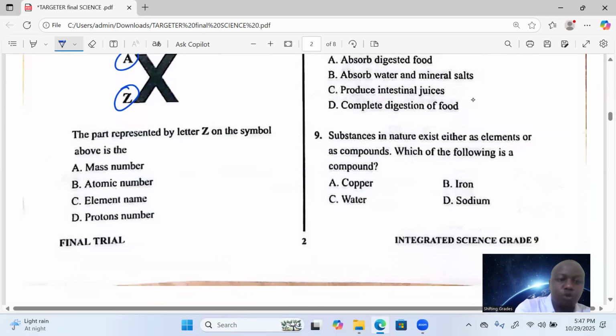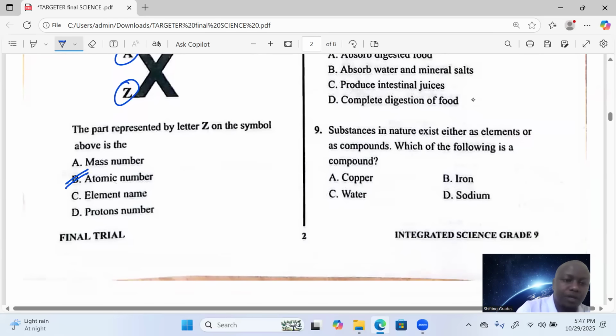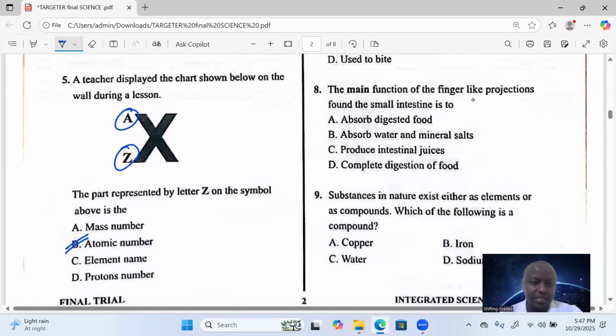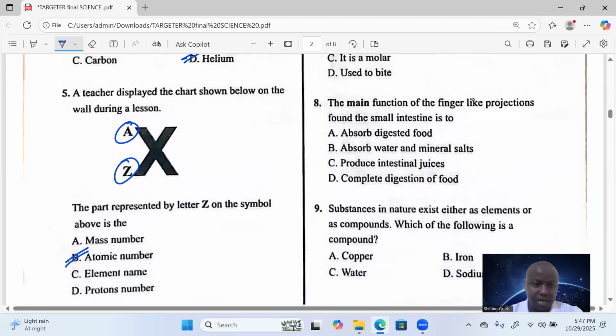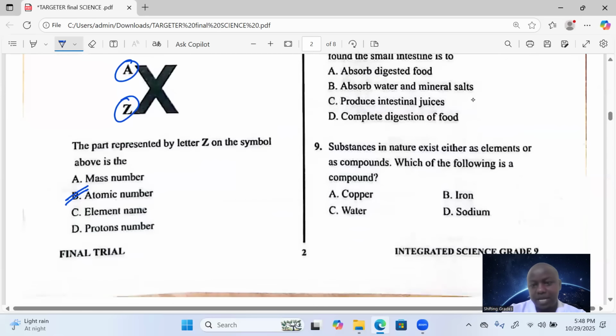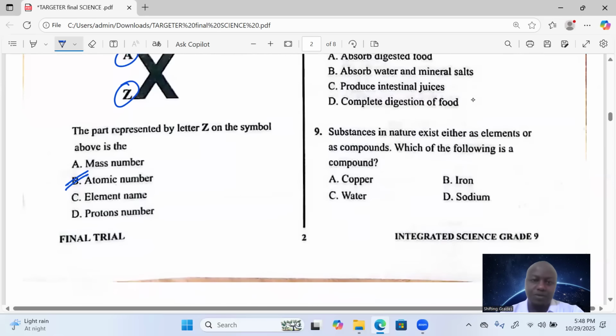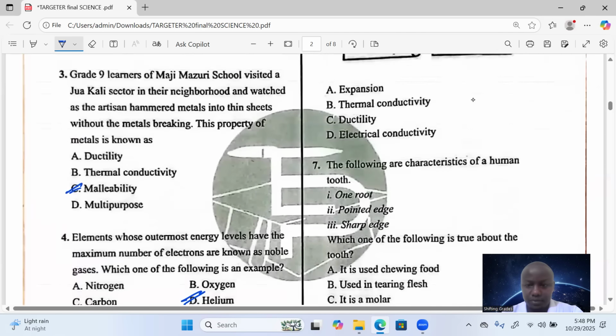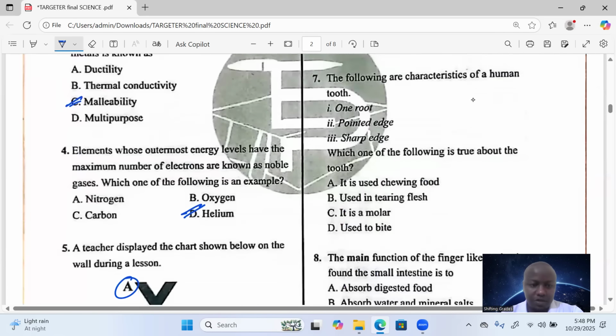Therefore, this is the atomic number, the number of protons in the nucleus of the atom. Atomic number is usually the subscript, but the superscript, A, would have been the mass number in case the examiner goes ahead to question you on the same. So that's number 5.